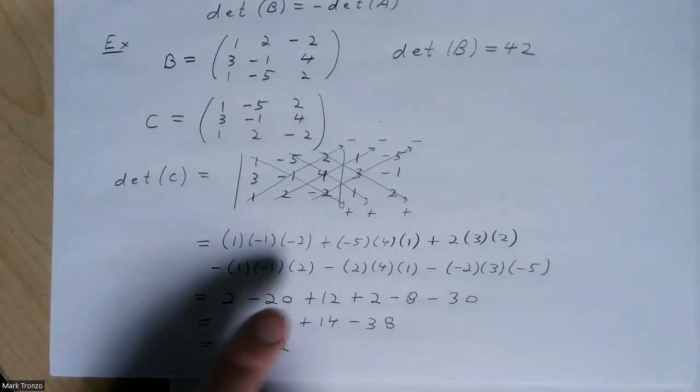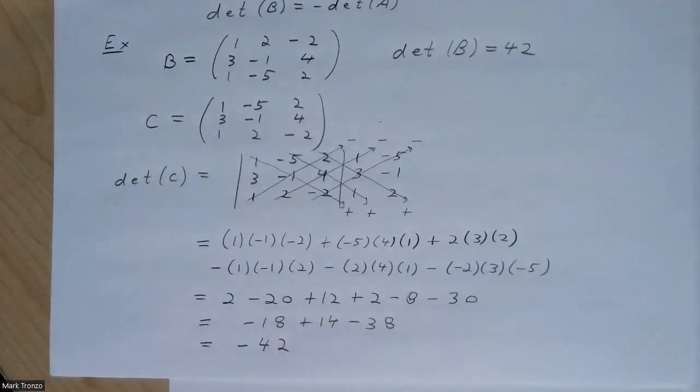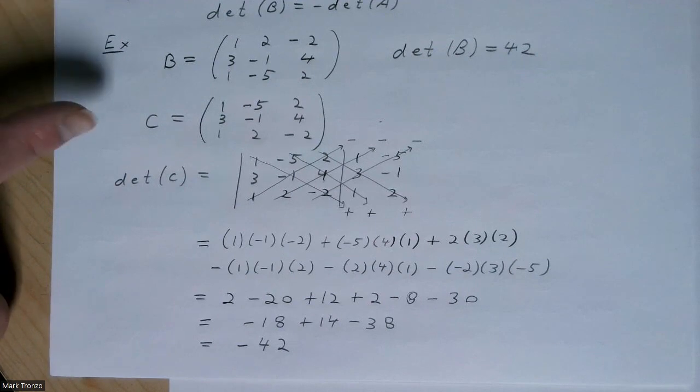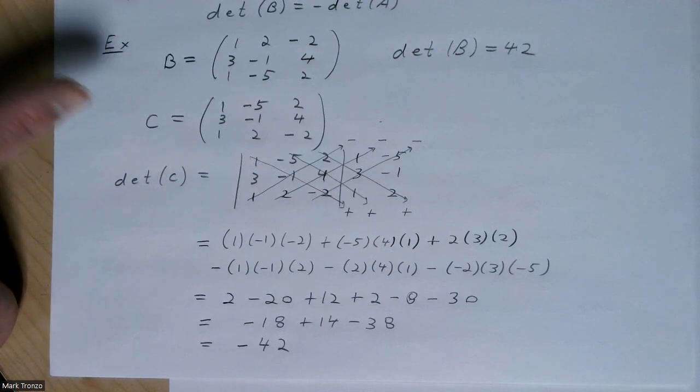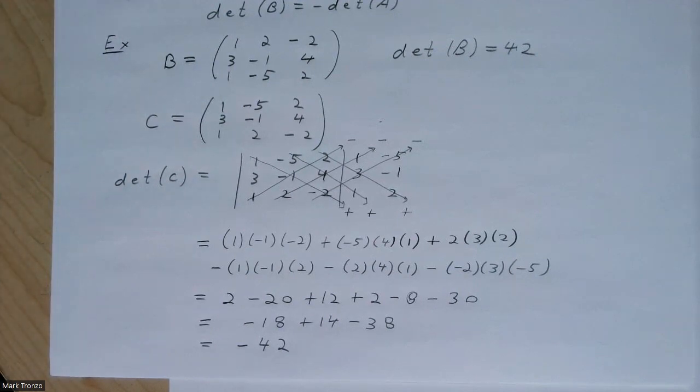The same property applies. Again, that's because we know that the determinant of a matrix is equal to the determinant of its transpose, so the things that work for the columns will work for the rows and vice versa.